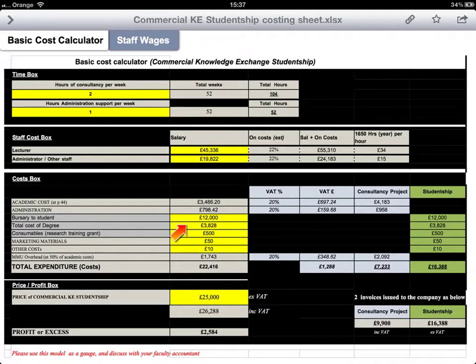We know what the bursary is, the cost of the degree, and a few other supporting costs. You'll note here we've put in the MMU overhead at 50% of academic costs. 50% is currently allowable, so that's 1,743 on this example, which is 50% of the academic cost, not including the admin cost.